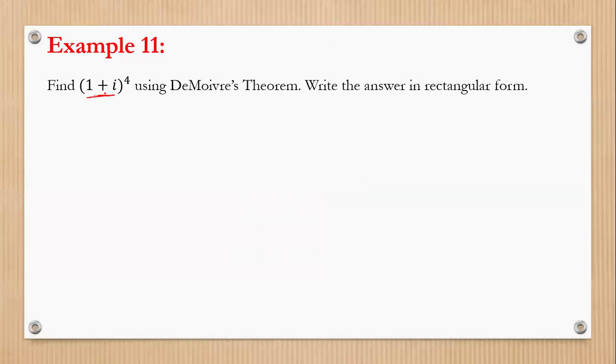To raise to the 4th power, we have a formula for raising to a power which we learned in this section, but that was when we had the number in polar form. If I don't have a polar form, for finding the answer I need to write the parentheses 4 times and then multiply them together.